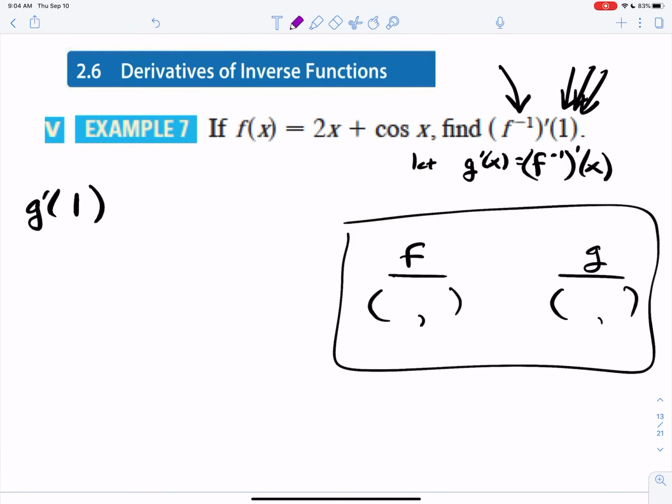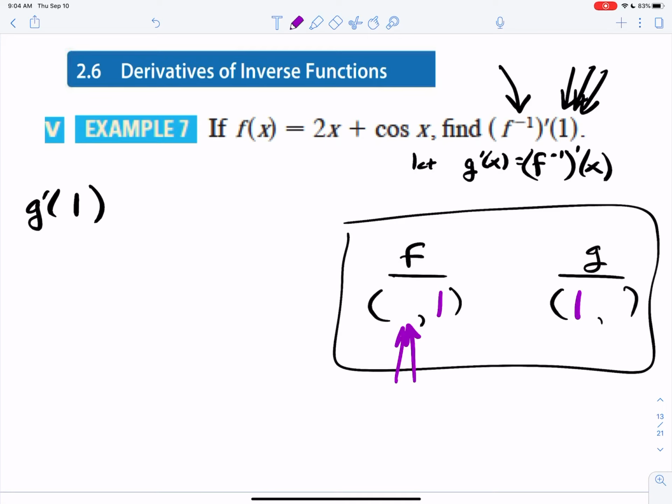How does that help you fill out your chart? Pause and press play. G prime of 1 is going to represent the x-coordinate of g, which then tells me that the y-coordinate of f will also be 1 because they are inverses. And this whole chart is for me to figure out what this x-coordinate is.